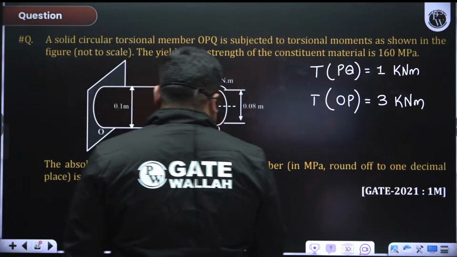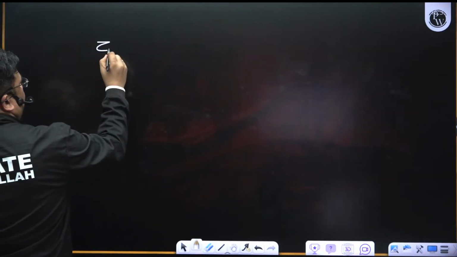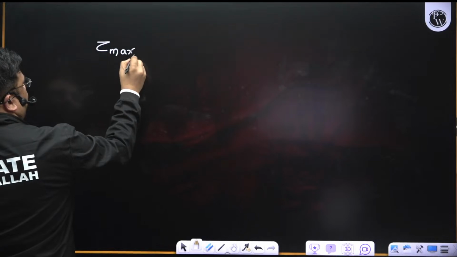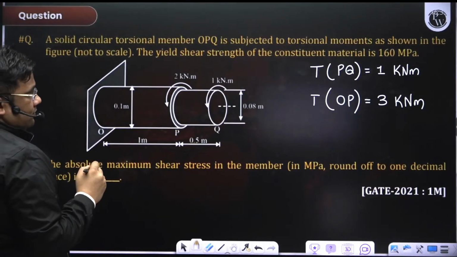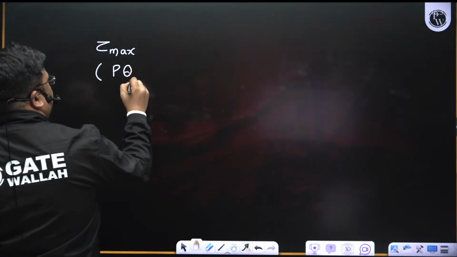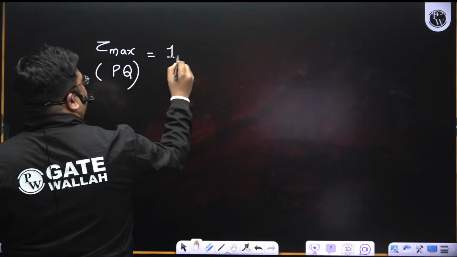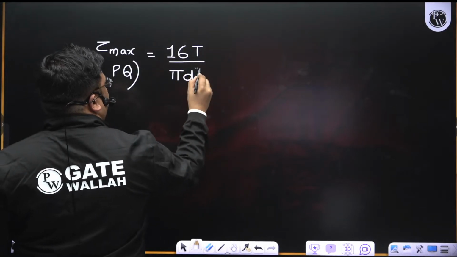Next, if I want to find the maximum shear stress in the portion PQ, then it will be 16T by pi d cube, because it's a solid shaft.